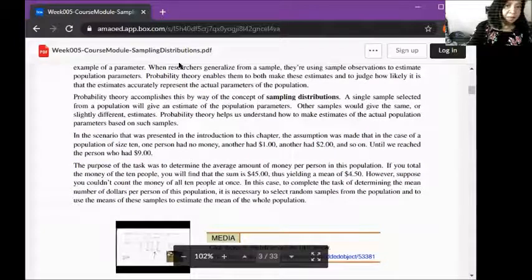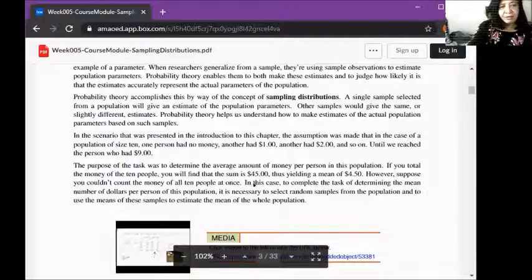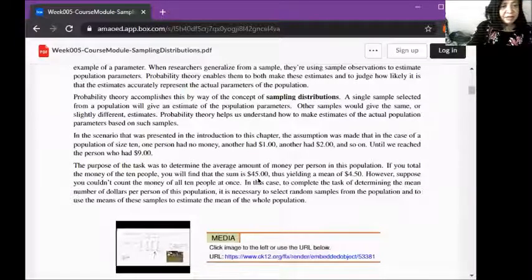If you are going to get the total from no money to $9, adding them from 0, 1 up to $9 will give you a total of $45, yielding a mean of $4.50.